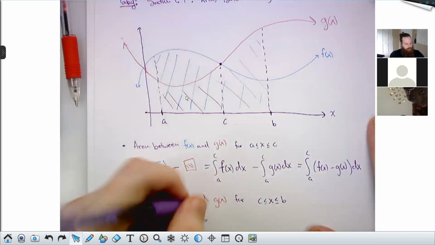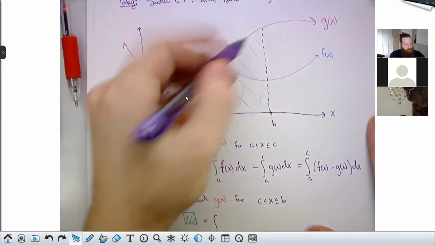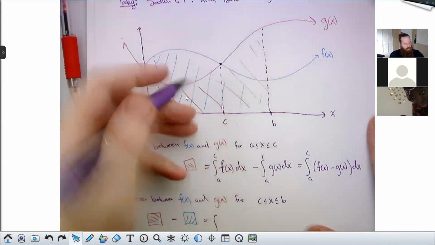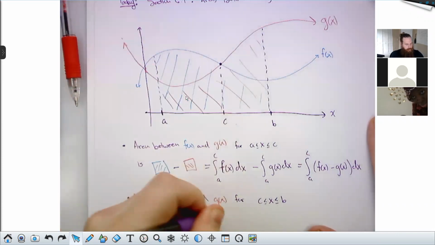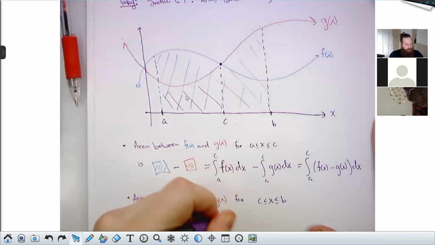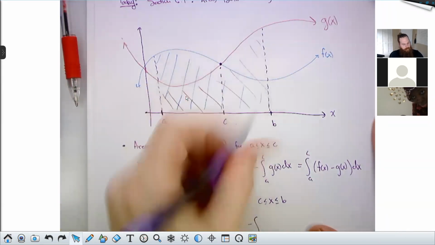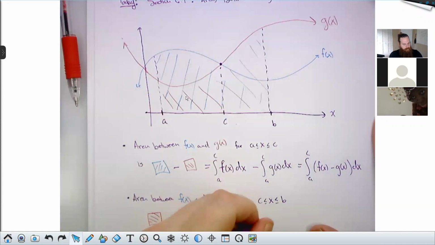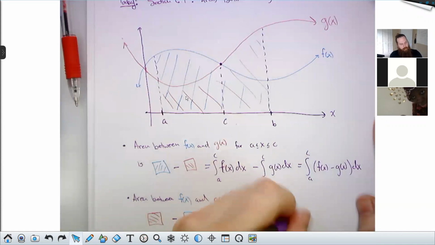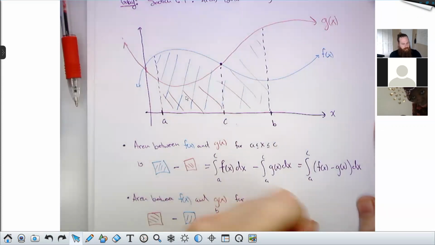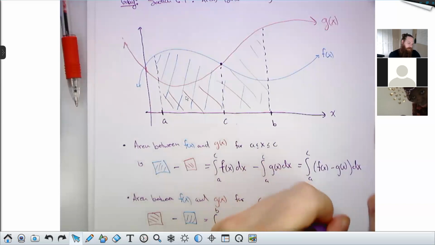All the red area is the integral from c to b of g of x dx, and all the blue area is the integral from c to b of f of x dx. You combine it into one integral, the integral from c to b of g of x minus f of x dx.